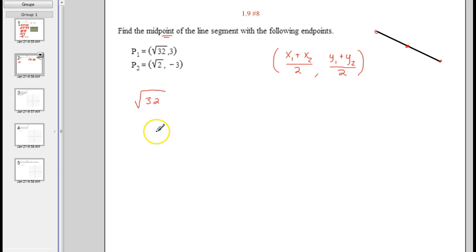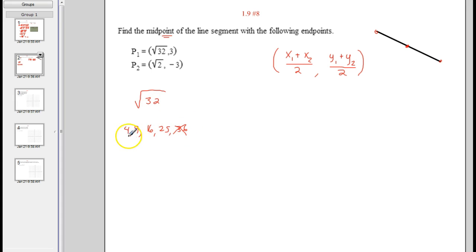So if I want to simplify the square root of 32, I have to find the biggest perfect square that divides this number. So your perfect squares, again, 1 squared, 2 squared, 3 squared. 1 squared is 1, we don't use it because 1 divides anything. 2 squared is 4, 3 squared is 9, 4 squared is 16, 5 squared is 25, 6 squared is 36, and notice this number is bigger than this.